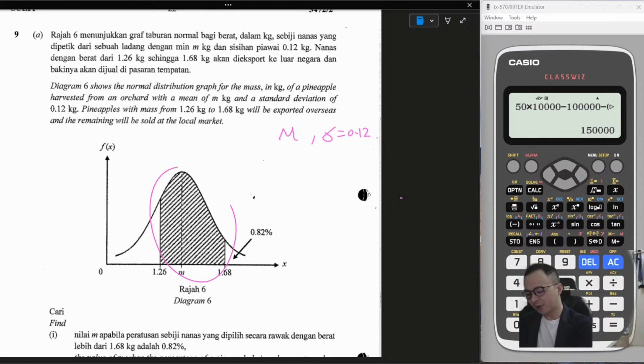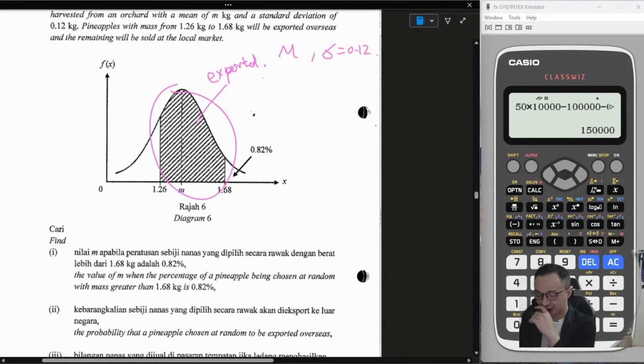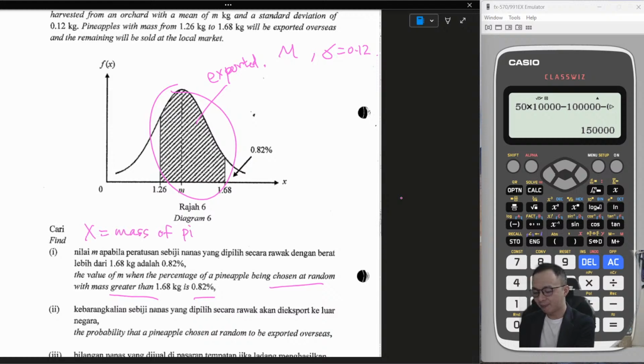Okay, so here is the exported one, and the rest of it they will sell in the local market. Find the value of m if the percentage of pineapples chosen at random with mass greater than 1.68 kg is this one. So definitely I will let X be the mass of the pineapple.